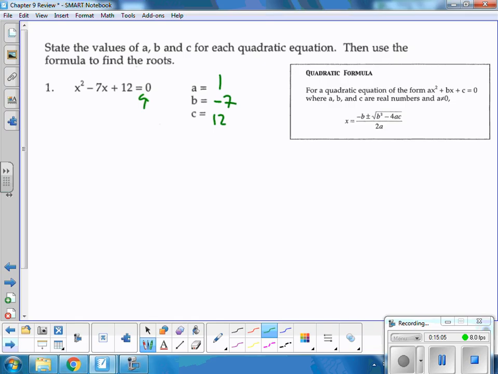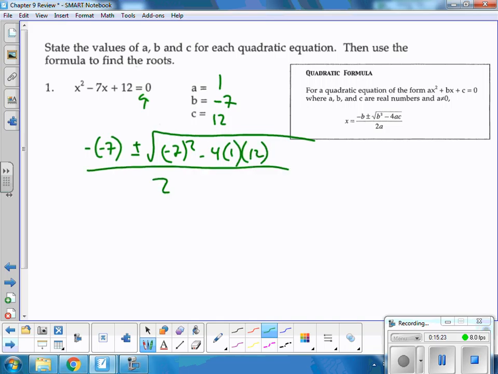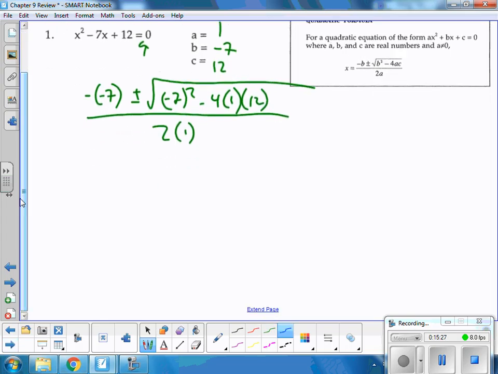So I can write it out: negative of negative 7 plus or minus the square root of negative 7, and I'm squaring the whole thing, minus 4a, which is 1, c, which is 12, all over 2a. I start working through simplifying this, and I end up with 7 plus or minus the square root of 49 minus 48. Oh, that's going to be nice.